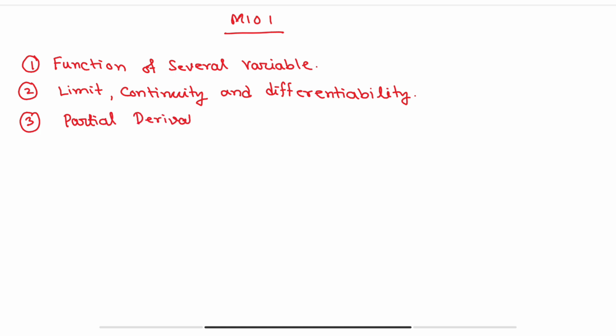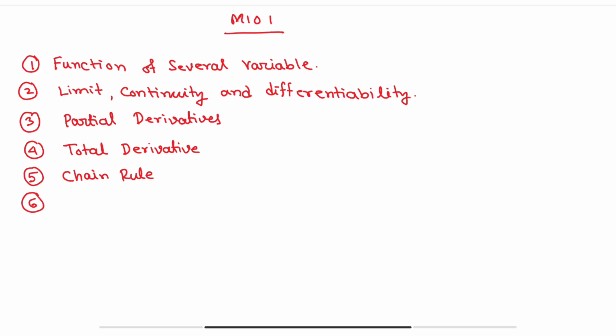Partial derivatives. Number 4 is total derivative. Number 5 is chain rule. Number 6 is homogeneous function and Euler theorem.